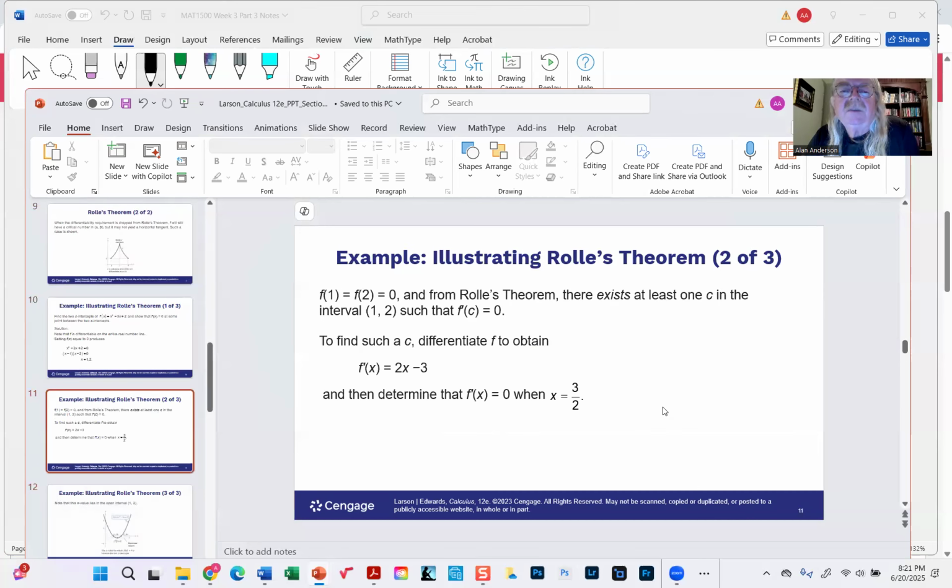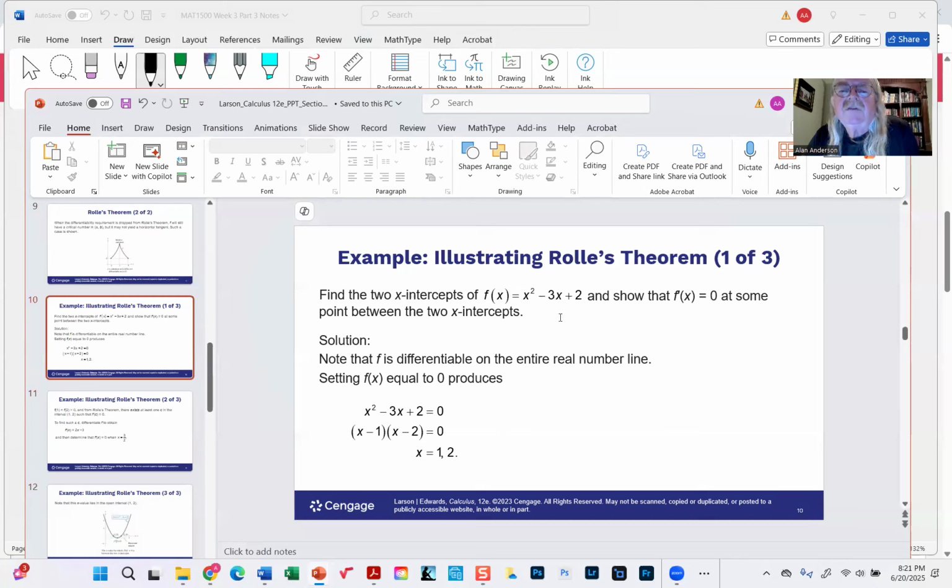So like here, for example, here's the function x squared minus 3x plus 2. And they basically want us to show that Rolle's theorem holds.